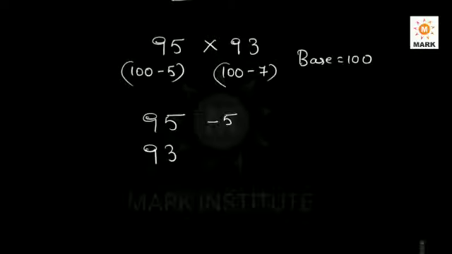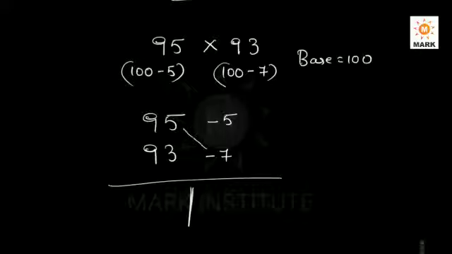And 93 is 7 less than 100, that's why I am writing minus 7 here. As usual, I divide the answer into two parts. 95 minus 7 or 93 minus 5 will give the same answer, 88. That you have to write here.